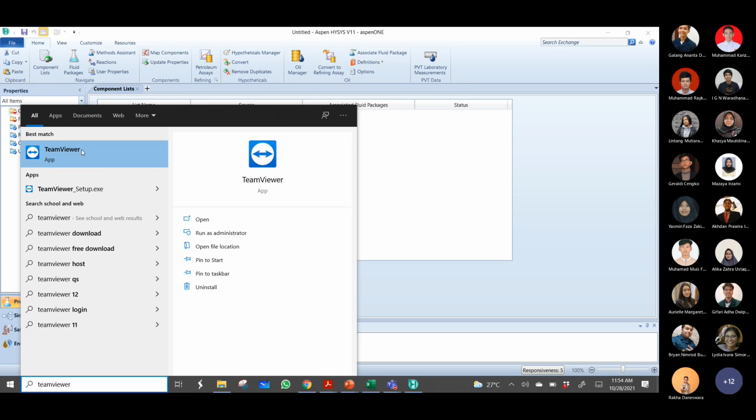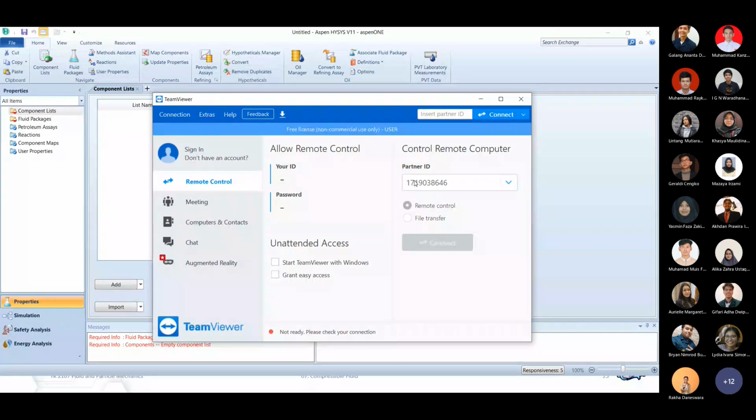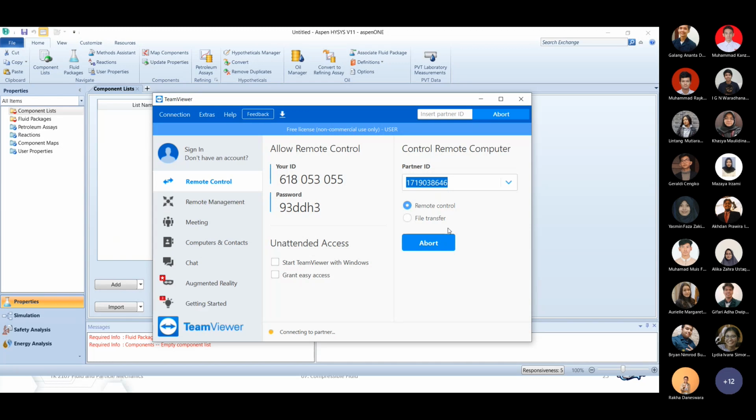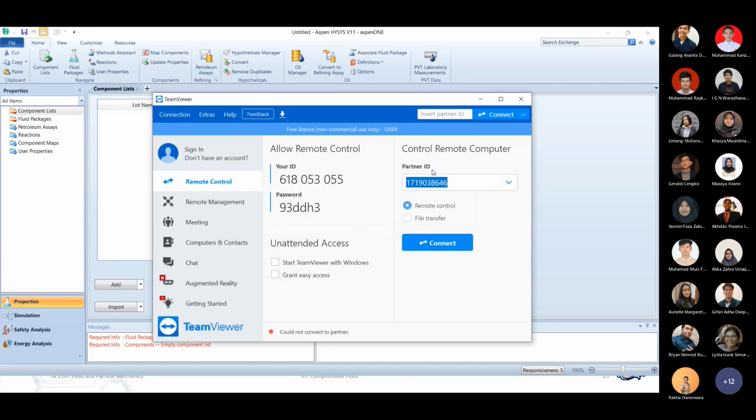Then you can access the PC from campus. I'll give you the ID later, and then you can control HYSYS on campus from your own computer. Make sure you install TeamViewer before the Tuesday session. It's free, and it's legal.